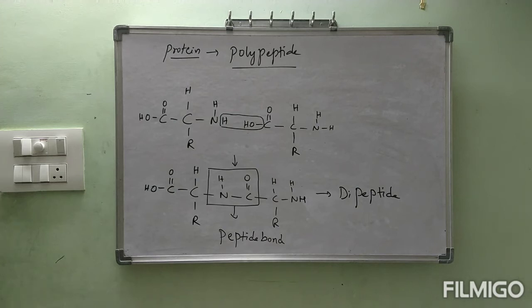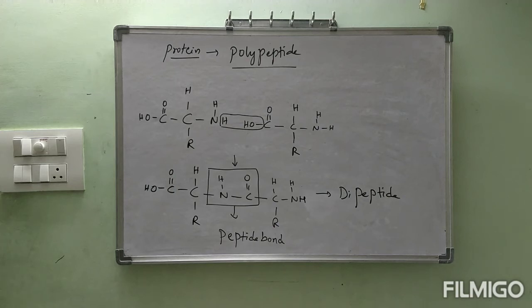All of you are clear about this one? Between one amino acid and another amino acid, we have a peptide bond. That is one bond, but that is called dipeptide. Dipeptide is contained by 2 amino acids.